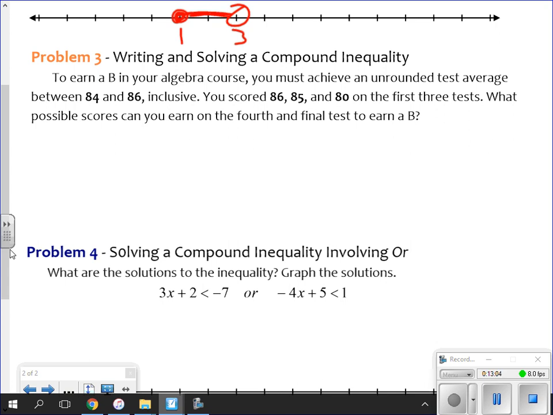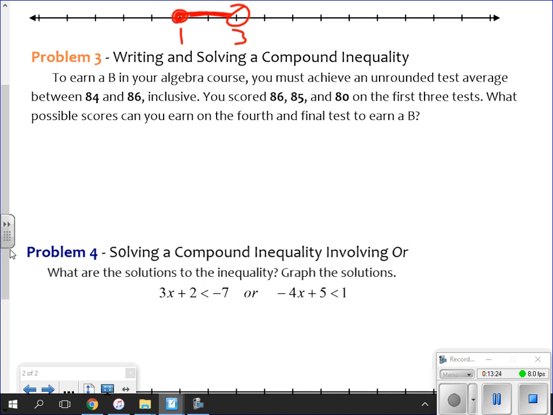So what I want to know is I want to have an average score between 84 and 86. How do you find an average? What do you do to find the average of numbers? Divide by the number of things you have.